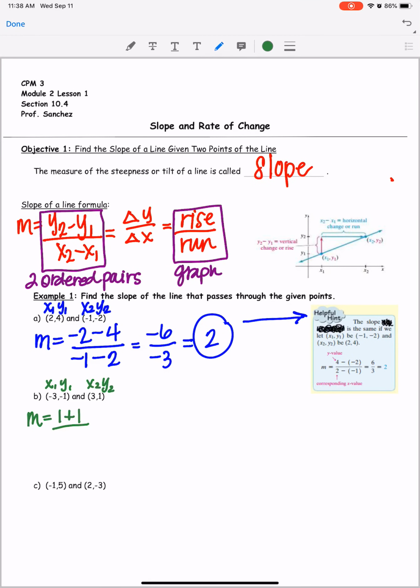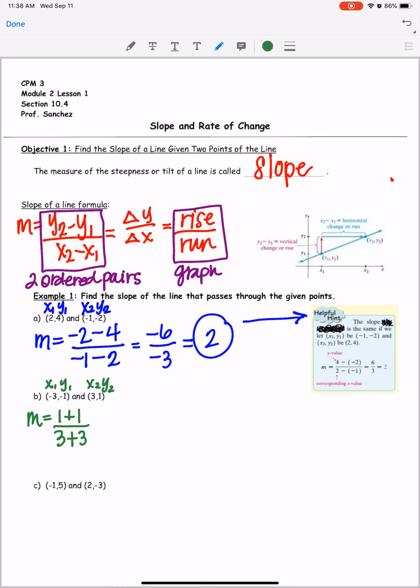Same thing is going to happen to the bottom here. My x2 is 3, minus, because that's this formula here, then my x1 is -3. So you've got a double negative there again. Minus a negative again becomes a positive.